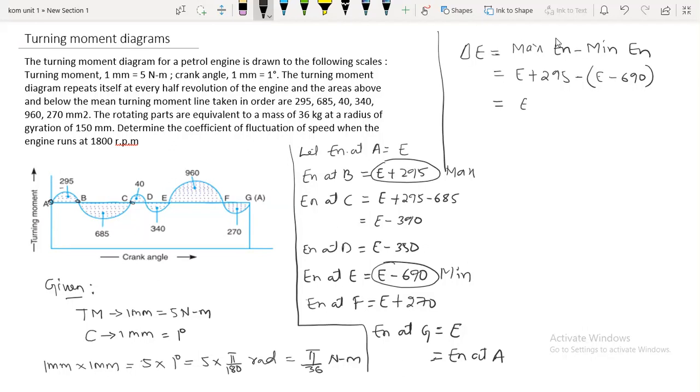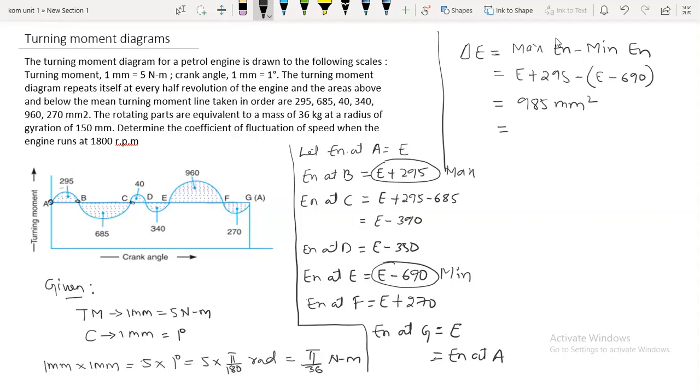E and E get cancelled, so 295 plus 690 gives 985 mm square. Because all these are in terms of mm square, I should write mm square.